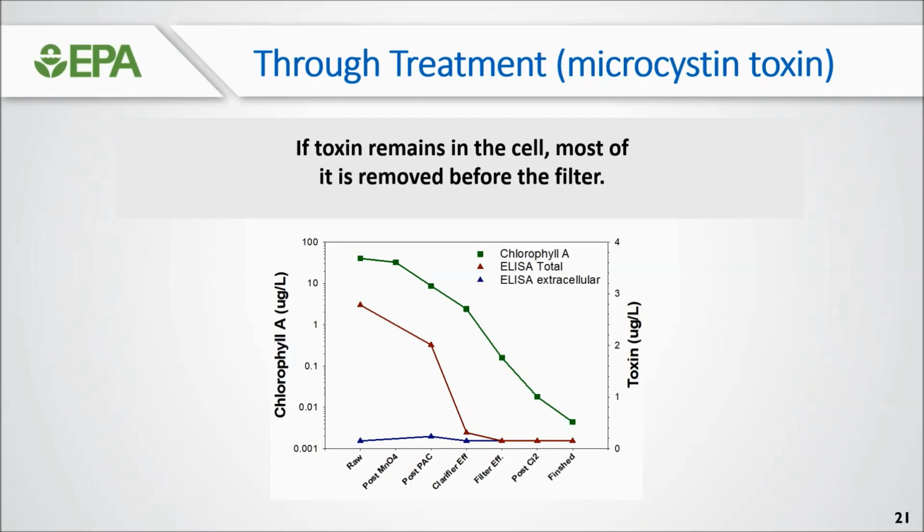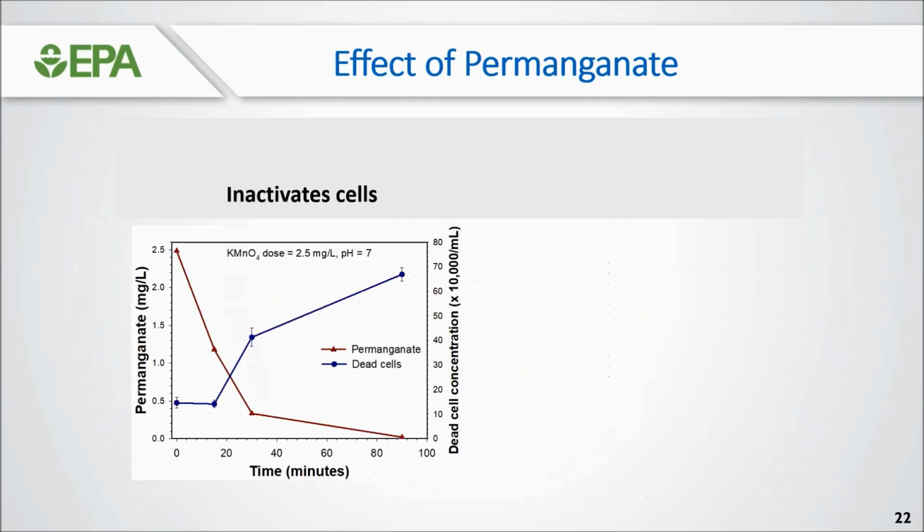So all the toxin here is pretty much within the cell. And as you remove the chlorophyll, or the cells, you're removing the toxins. So by the time you get to the clarifier effluent or the filter effluent, your toxin levels are pretty much the lowest possible, along the lines of what's just in the extracellular. So in this case, the toxin remained in the cell and was removed very easily.